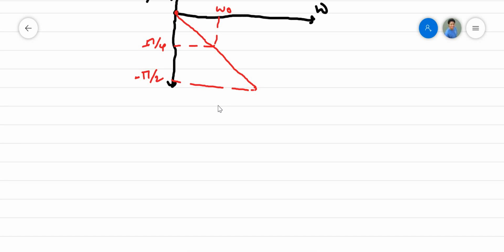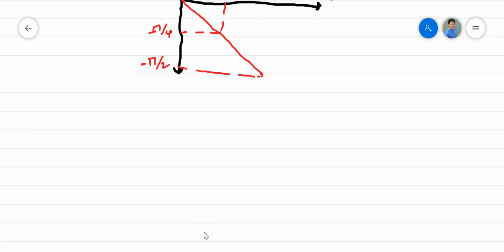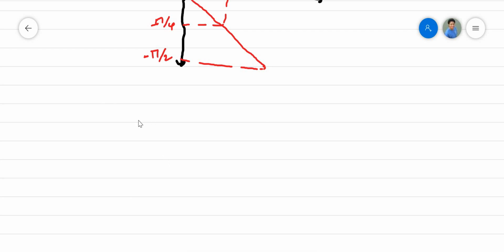Now we want to look at the digital filter characteristics. To find the digital filter characteristics, we have to go through the same transfer function again, that is H(s) equal to 1 over 1 plus s RC.